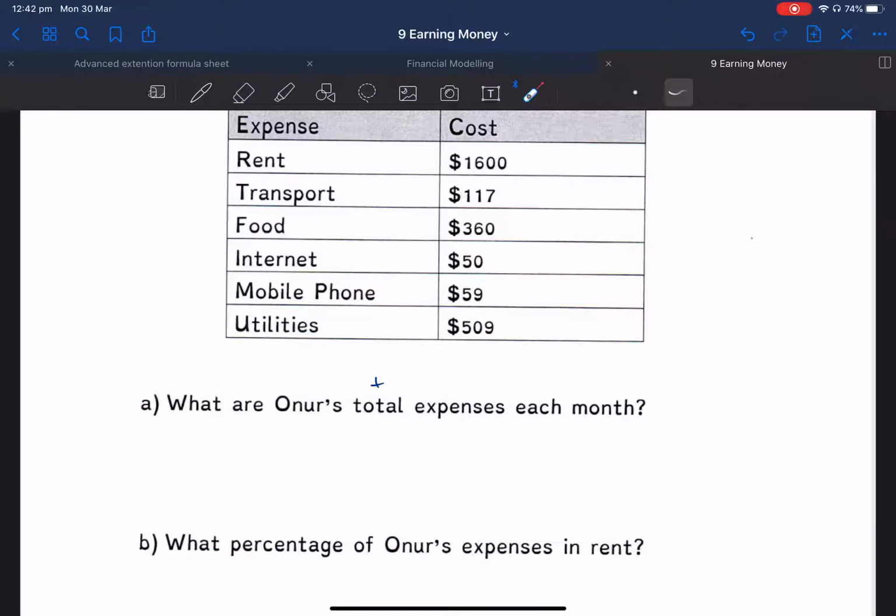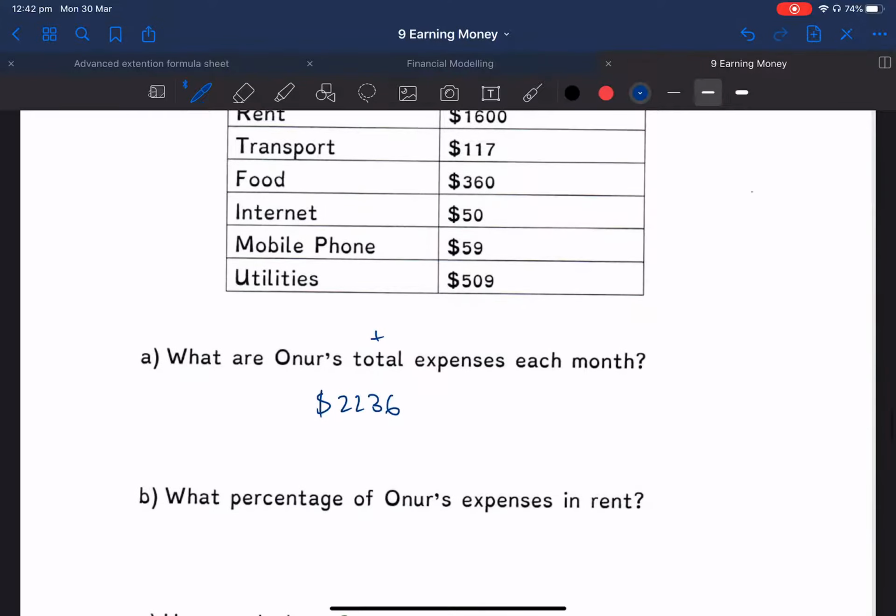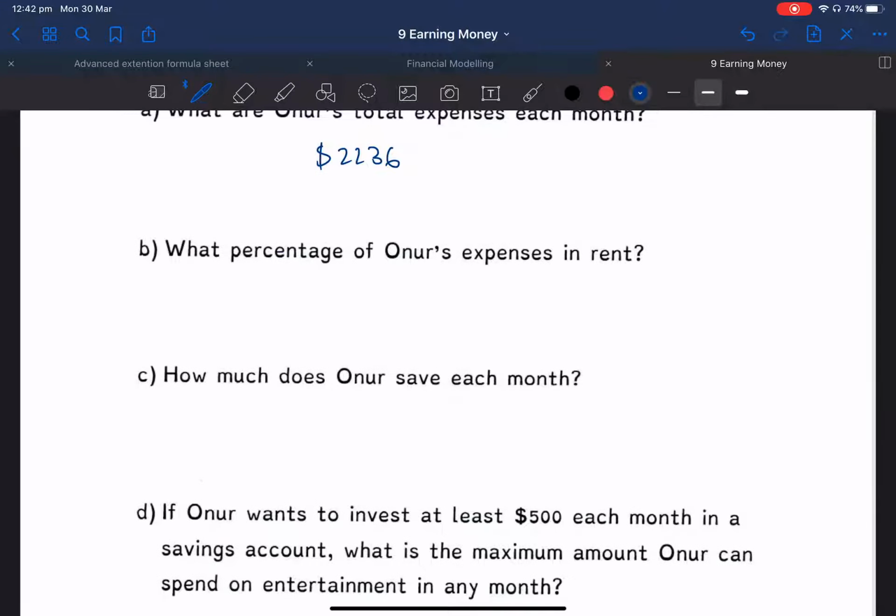So if you've got a calculator handy, you'll probably beat me. We get $2,236 a month is all expenses. So whatever he earns, he's spending $2,236 each month.